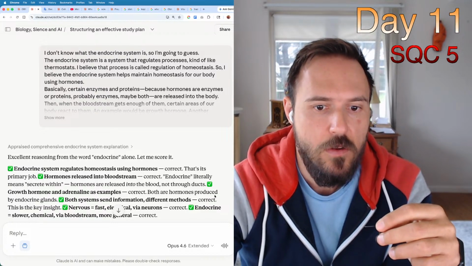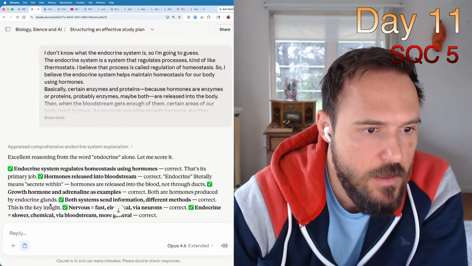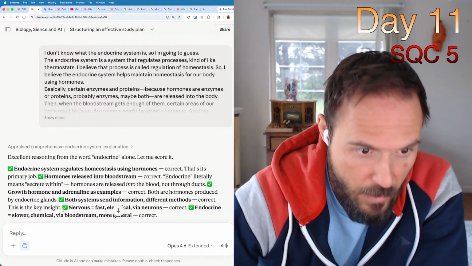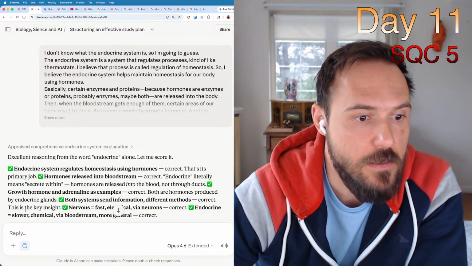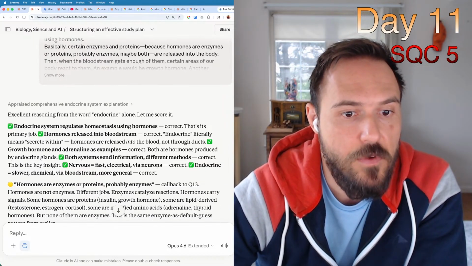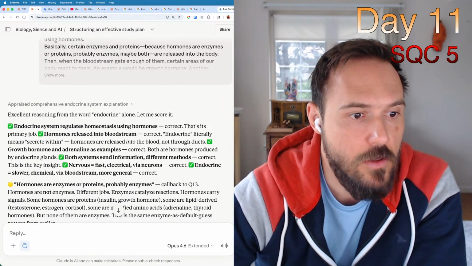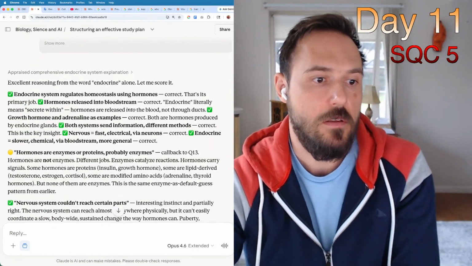Both are hormones produced by endocrine glands. Both systems send information by different methods, correct. This is the key insight. Nervous is fast, electrical via neurons, correct. Endocrine is slow, chemical via the bloodstream, more general, correct.